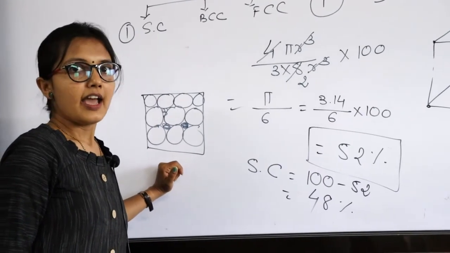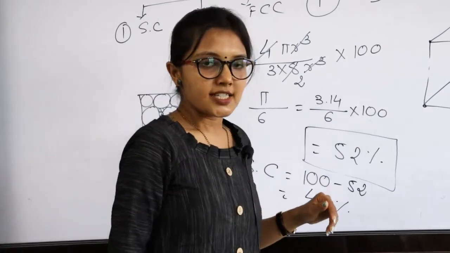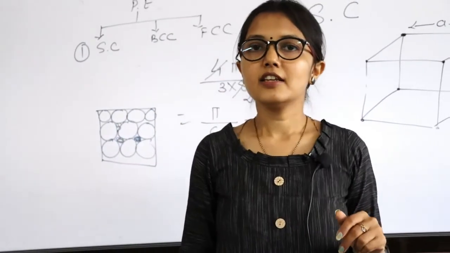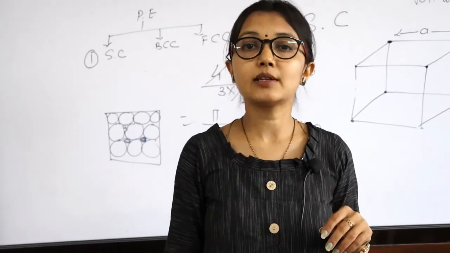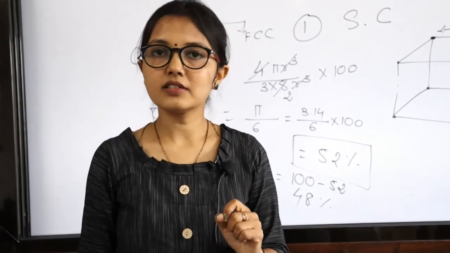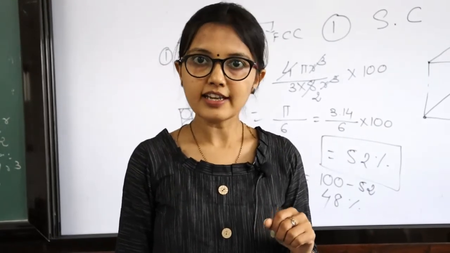Clear? And second thing, a second question may be present. How many atoms are present and what is its spherical atom value? Then this one is the constant, 4/3 pi r cube. Clear?